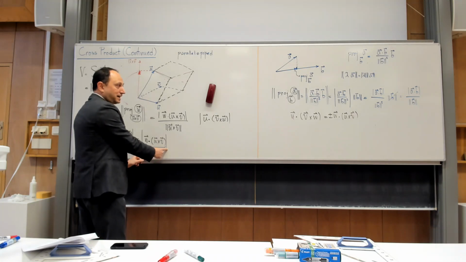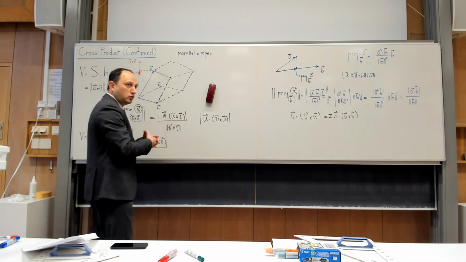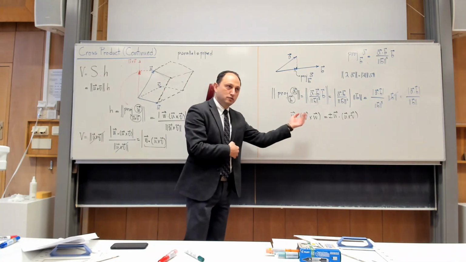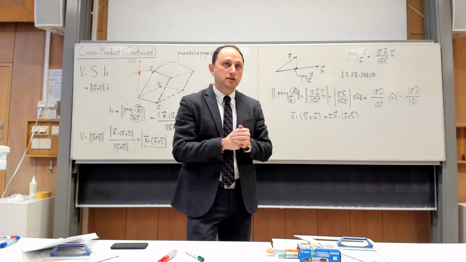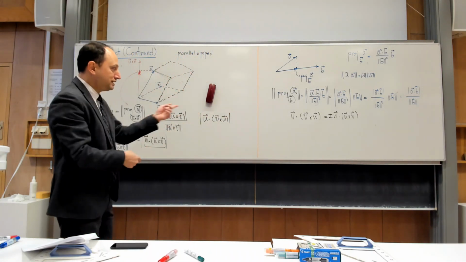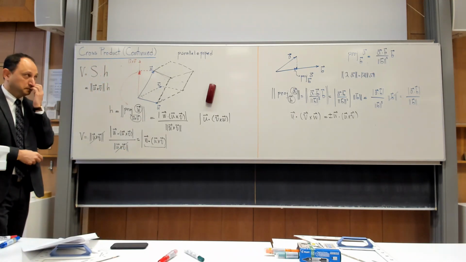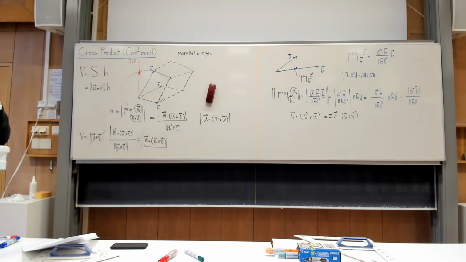So either the numbers inside are exactly equal or they differ by at most a negative sign. But in the way that I have written these vectors, is it positive or negative? Can we imagine that?